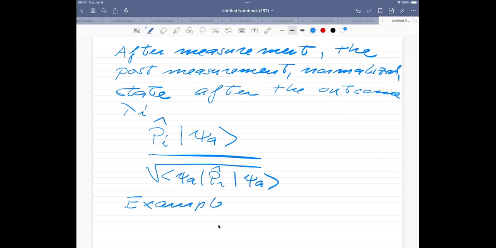So we have two examples which we're going to look at. And the first example is one where I define P0, which is just |0><0|, and P1, which is equal to |1><1|.